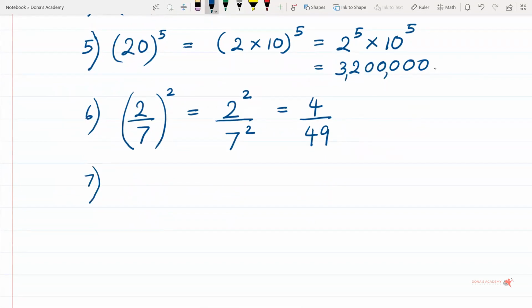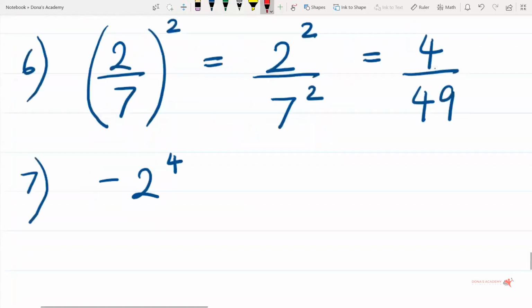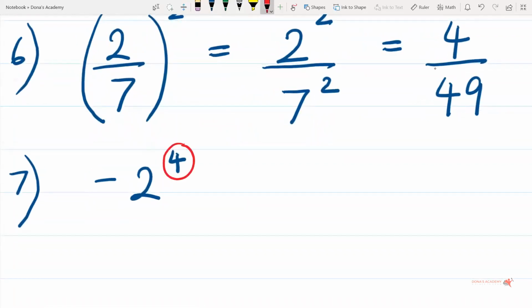Last, or not the last example. Now I come to the question I had at the beginning. So what do you think about this? Is it positive 16 or negative 16? Remember that you don't see any parentheses here. So in that case, this power 4 is not applying to this negative sign because you don't see any parentheses.